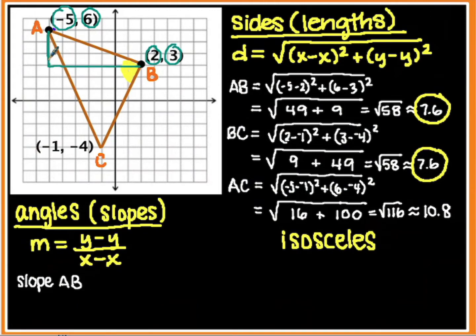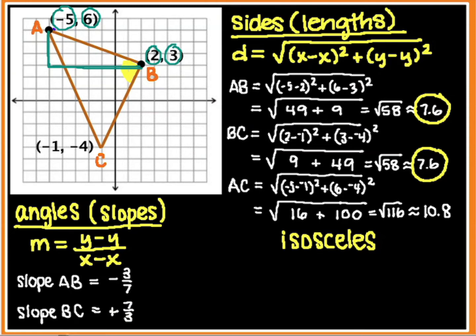And this one goes down 3 over 7. So when I find the slope of BC, what would I be looking for? If I wanted perpendicular, I'd be looking for a positive 7 over 3, right?